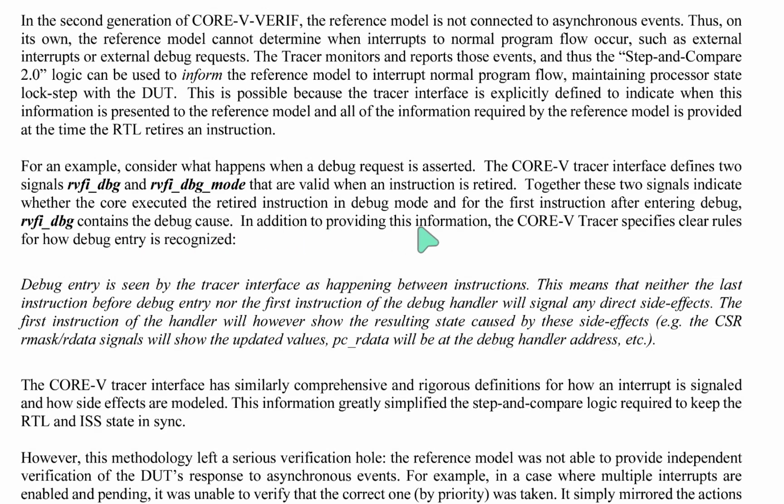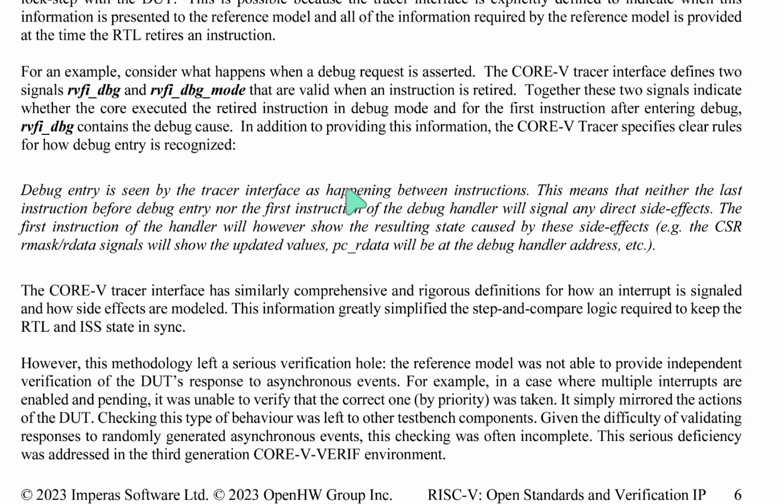In addition to providing this information, the CORE-V tracer specifies clear rules for how debug entry is recognized. Debug entry is seen by the tracer interface as happening between instructions. This means that neither the last instruction before the debug entry nor the first instruction of the debug handler will signal any direct side effect.